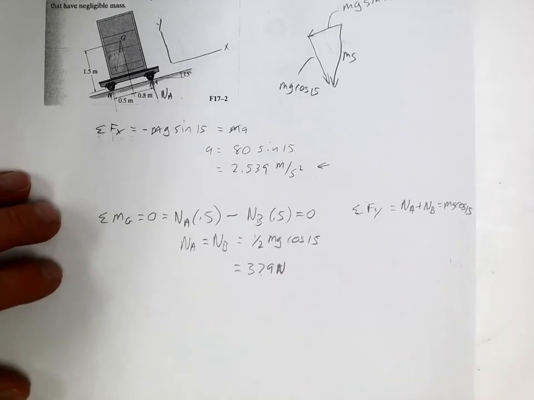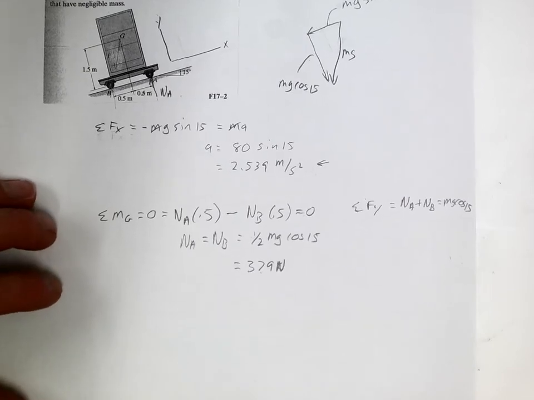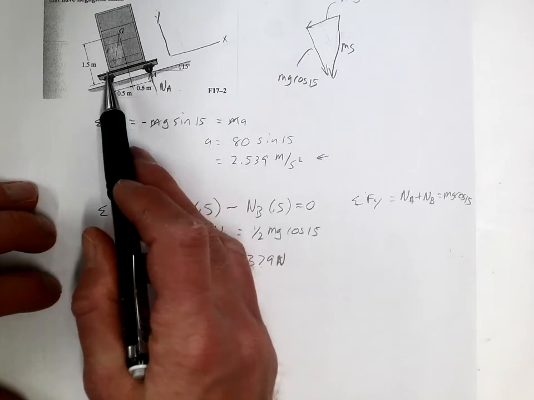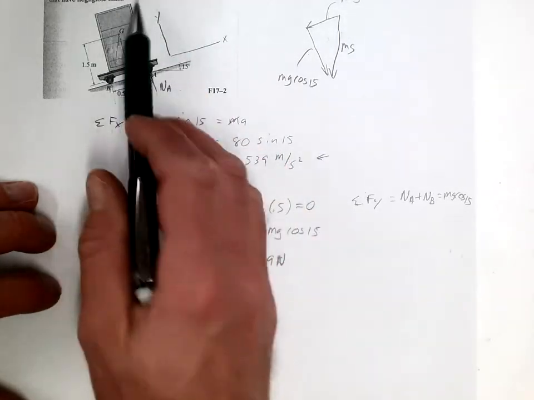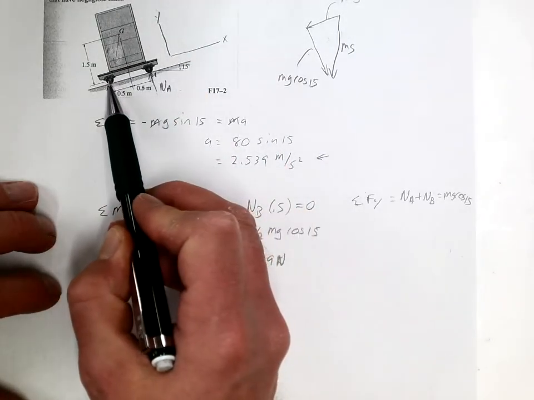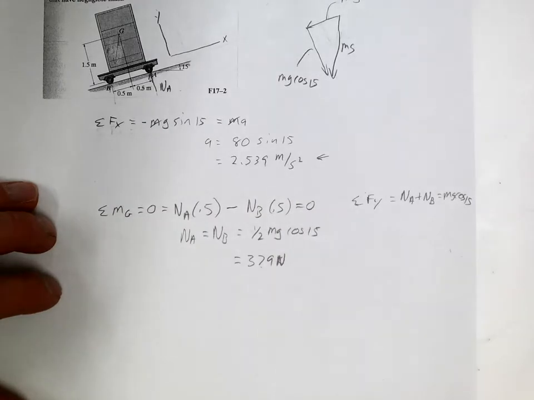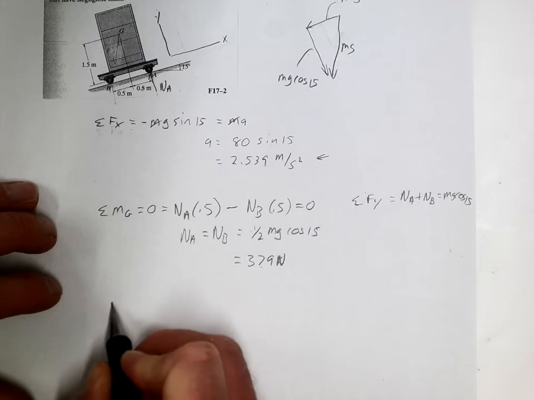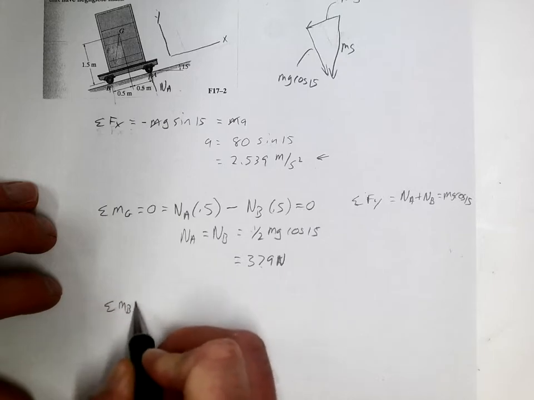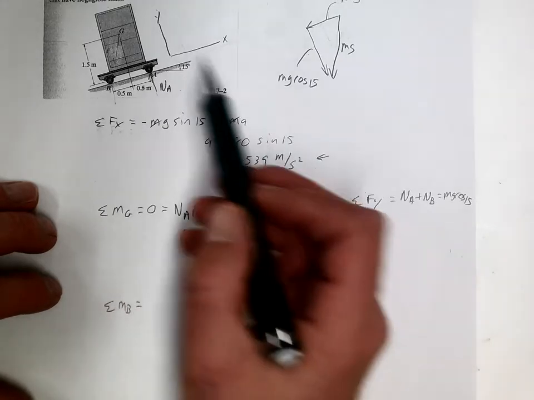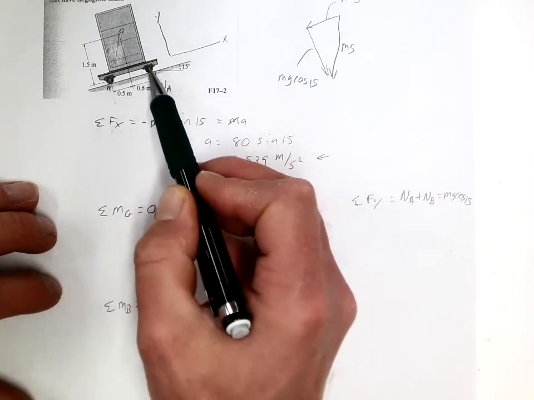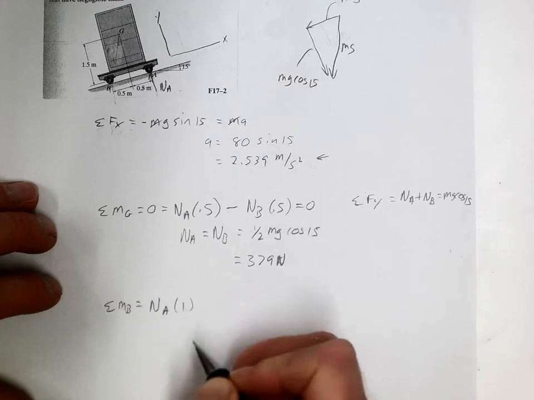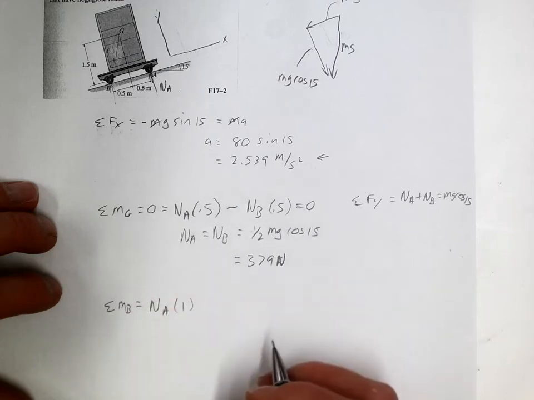Now, let's try solving this a different way. Let's solve it where we sum the moments when we calculate the normal reactions. Let's sum the moments about B. Okay, so if we sum the moments about B, we have NA times 1, still causing a positive rotation.